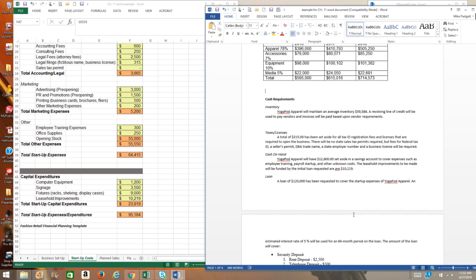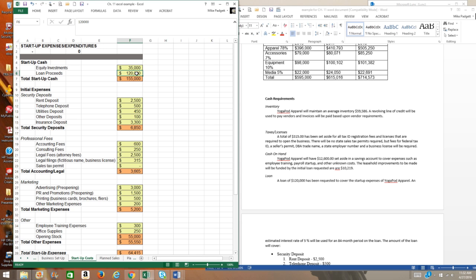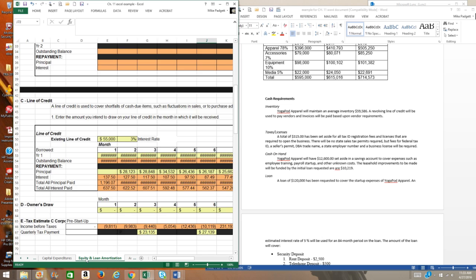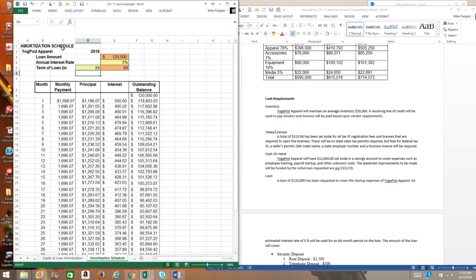Then on your loan that you're requesting, you want to make sure that in your startup cost you put that loan for loan proceedings. And then you're also going to go over, I think it's equity and loan. No, it's the next one. And then under the amortization schedule is where you would put the percentage.